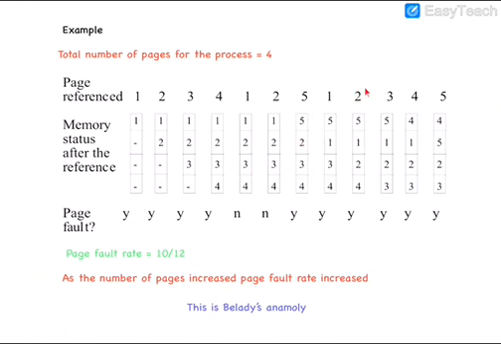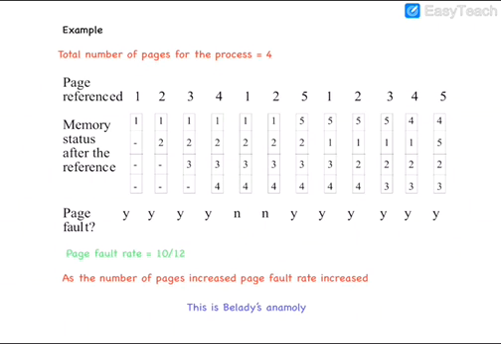Then the next reference is 2, which is not present, so 3 is replaced by 2. Next is 3, not in memory, so 4 is replaced by 3. Next is 4, not in memory, so 5 is replaced by 4. Next is 5, not in memory, so 1 is replaced by 5.